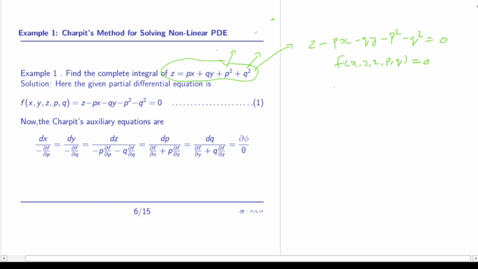Now we can think about Charpit's auxiliary equations, which are dx/(−fp), or −∂f/∂p, equal to dy/(−fq), or −∂f/∂q, equal to dz/(−pfp − qfq) equal to dp/(fx + pfz) equal to dq/(fy + qfz).